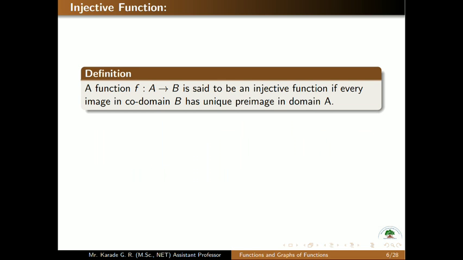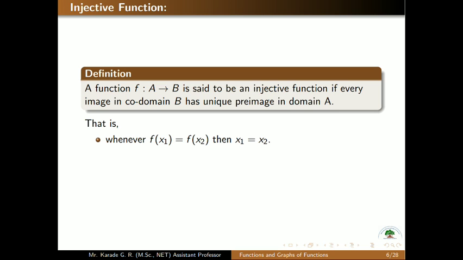Now we define the injective function. A function f from A to B is said to be an injective function if every image in codomain B has a unique preimage in domain A. That is, whenever two images are same, their preimages are also same.